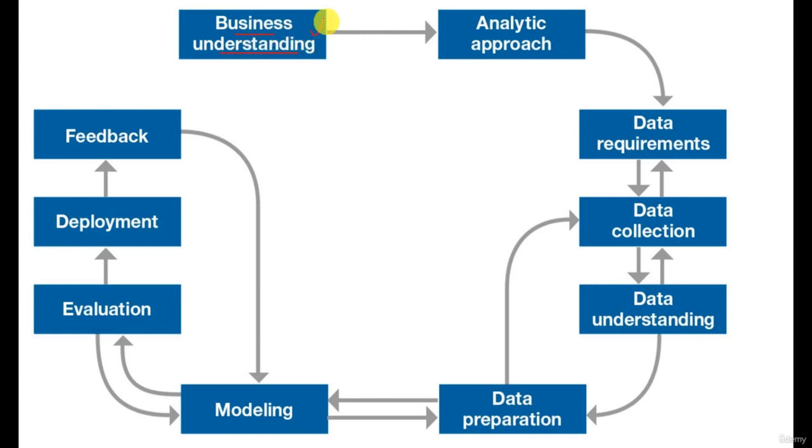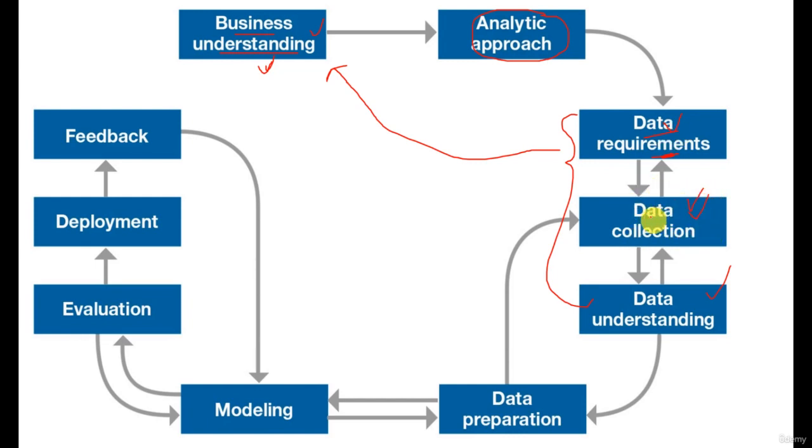Now, after you understand the business related problems, you perform the analytic approach, data requirements, data collection and data understanding. So basically, after understanding the business problem, you are going to search for the relevant data that can solve that problem. You first search what the requirements of the data are, like do we need some infrastructure and so on, and you collect the data.